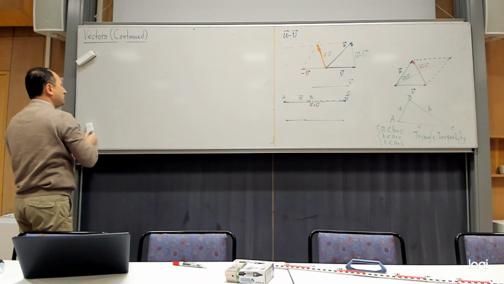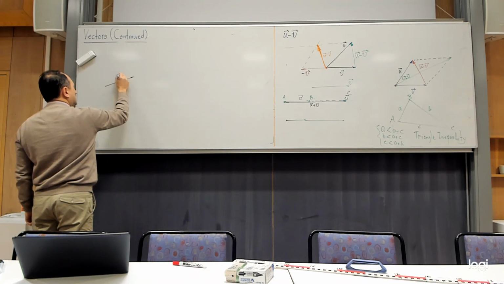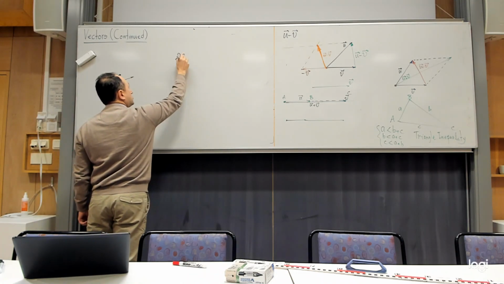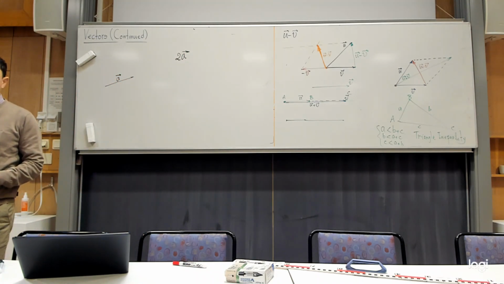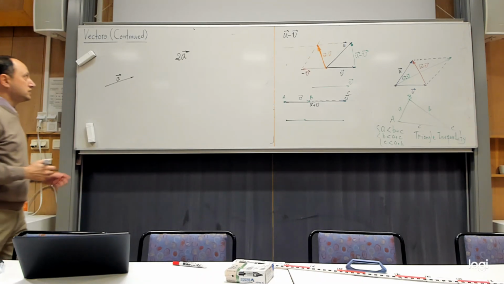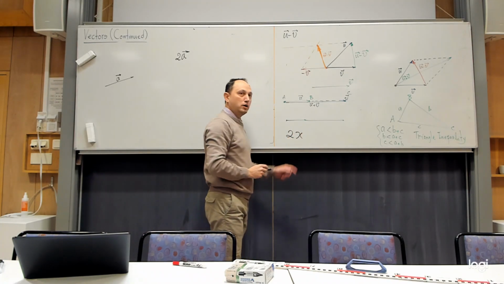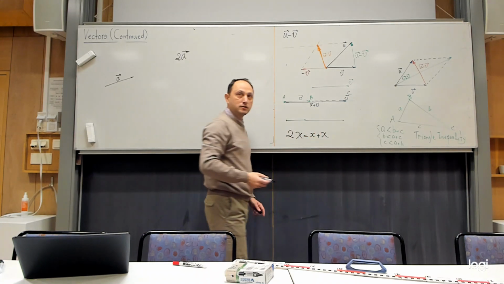For example, if I give you a vector A here, I want to somehow define what I mean by 2A. Yes, that's exactly it. When I say 2x in numbers, what do I mean by this symbol? I mean x plus x.